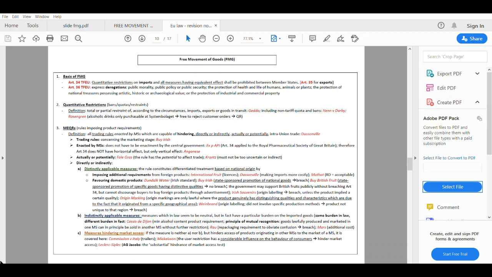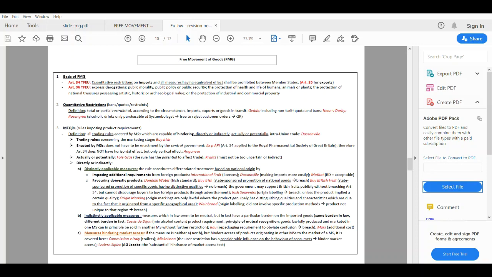Another type of indistinctly applicable MEQR is found under the heading of content and ingredient restrictions, and for this you can see the case of Commission v Germany in the subject guide. In that case, the German government introduced rules banning the marketing of beer containing additives, and not just the additives for which there was concrete evidence of risk. The German rules were introduced on the ground that the Germans drank a lot of beer and the long-term effects of additives were not known.